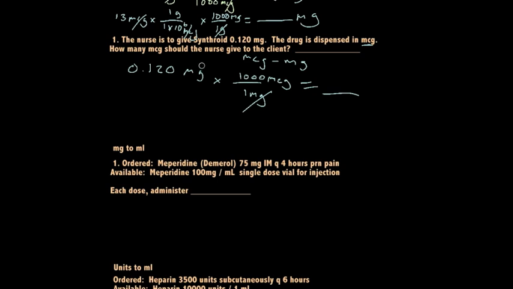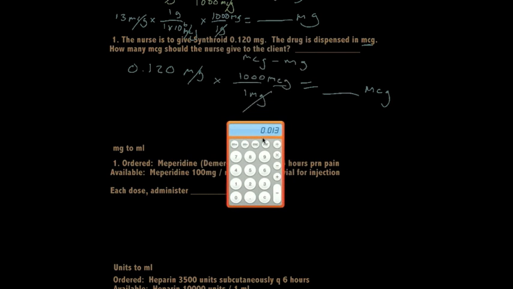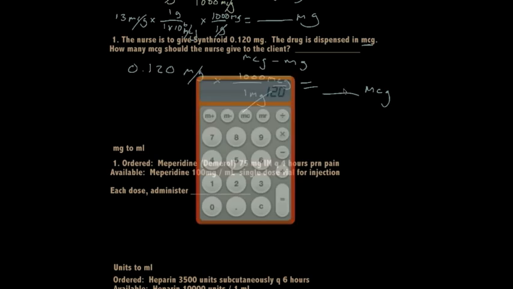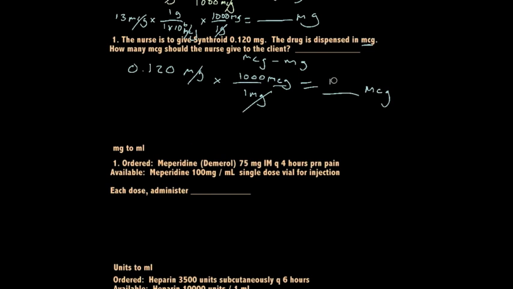My milligrams cancel out here, left with micrograms, so that's going to equal blank micrograms. Easy day, right? We just grab our calculator now. 0.12 times 1,000 equals 120. So we've got 120 micrograms.